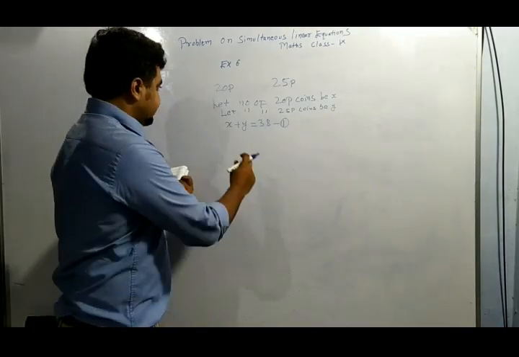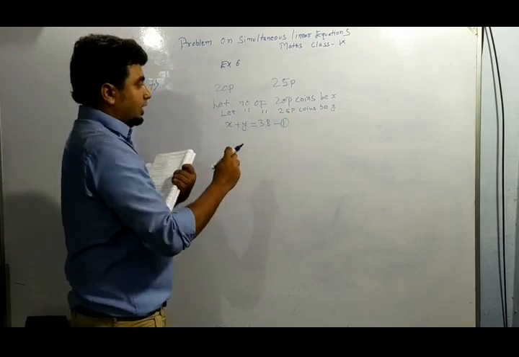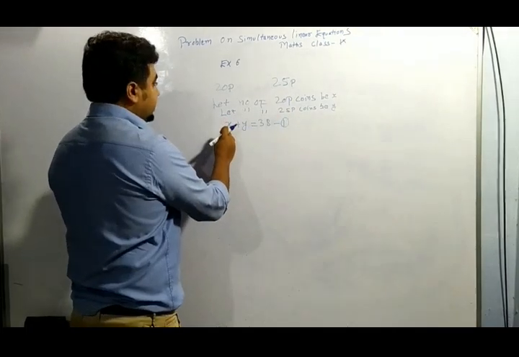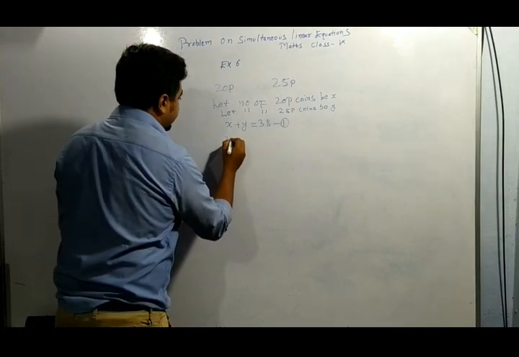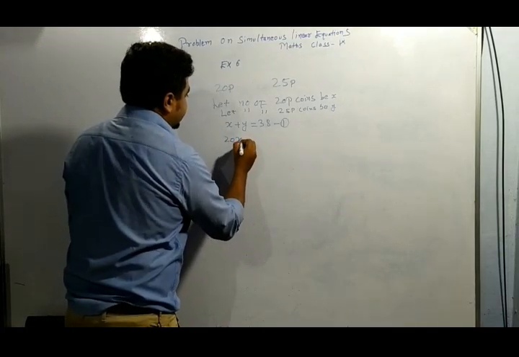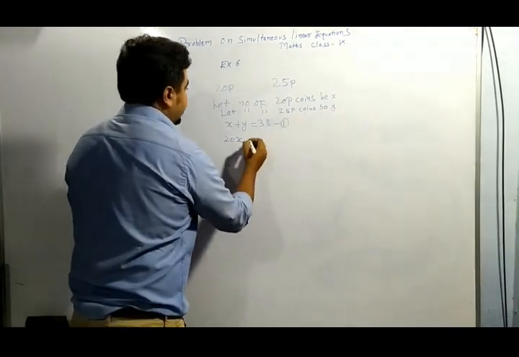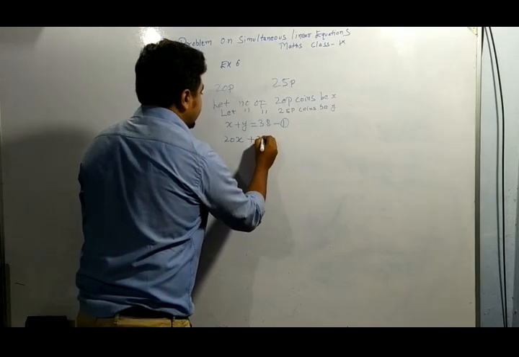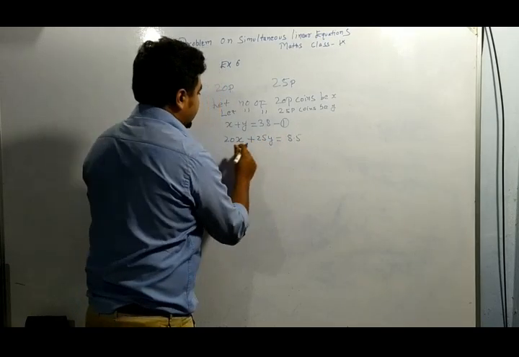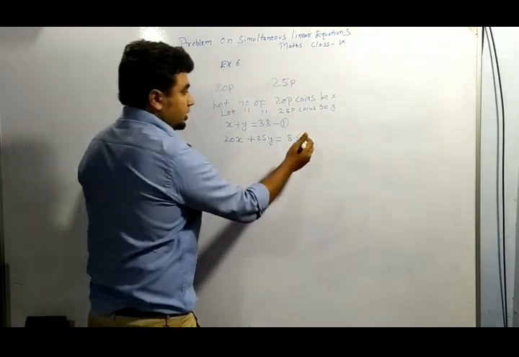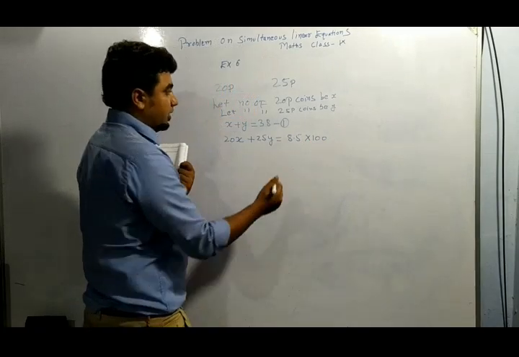So here one coin value is 20 paise and number of coins of 20 paise is x. So the second equation will be 20 into x, this is the amount generated by 20 paise coins, plus 25 into y is equal to 8.5 rupees. This will be in paise, so if I want to convert to paise, I have to multiply it by 100.